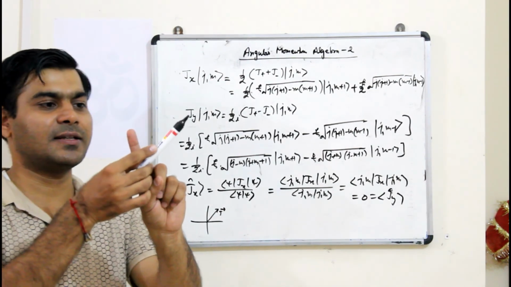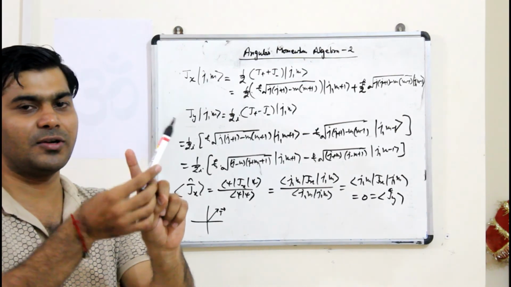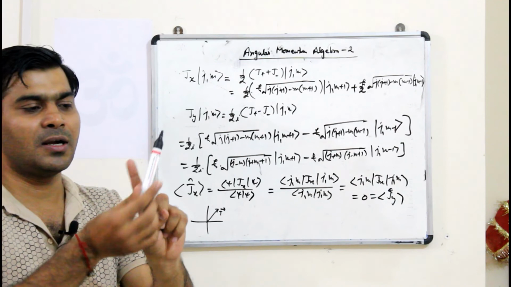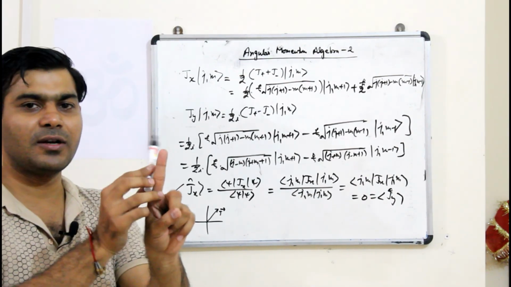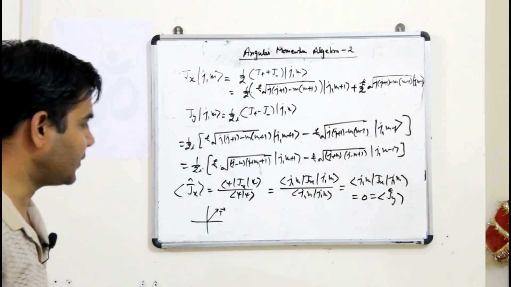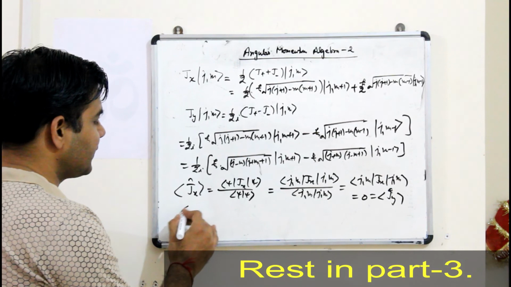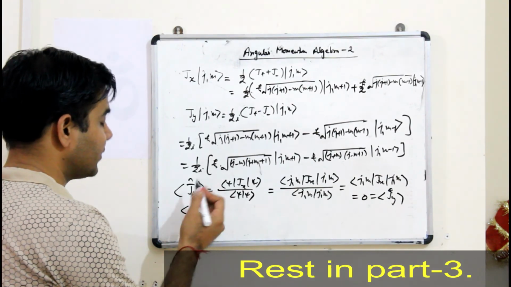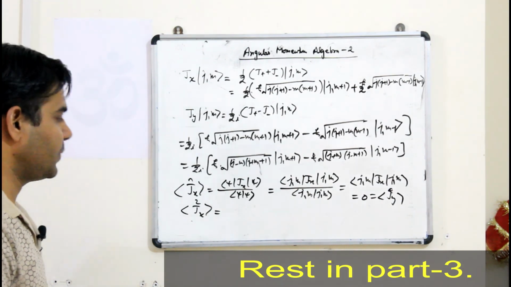When it precesses like this, its components on x and y are both positive and negative, and during one complete revolution around the z-axis, the average values of the x and y components are actually 0. Okay, but if we try to find the expectation value of Jx squared and Jy squared, that turns out to be non-zero.